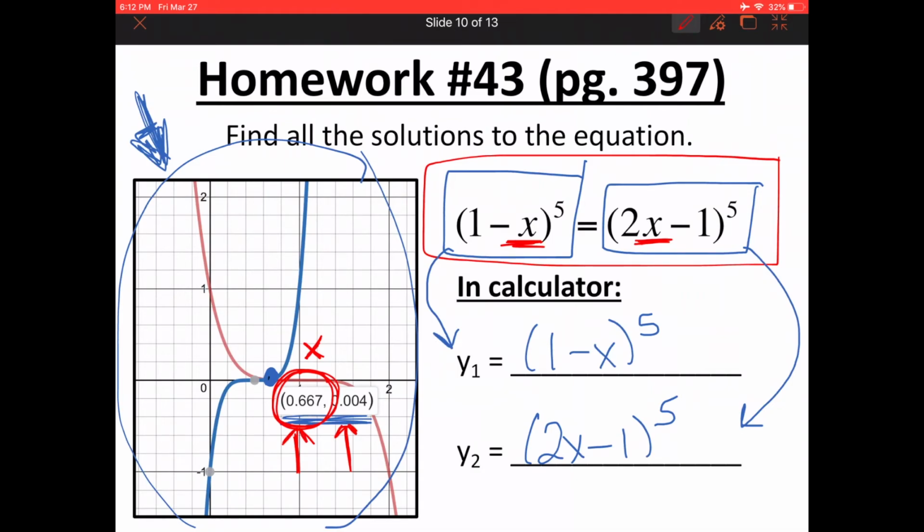So we need to know some of these common fractions at this point. That 0.667 is just the rounded version of 0.6 repeating, and 0.6 repeating is the fraction 2/3. So that would be my final answer to this equation, guys. Find all solutions to the equation. You would tell me x equals 2/3 as your answer.